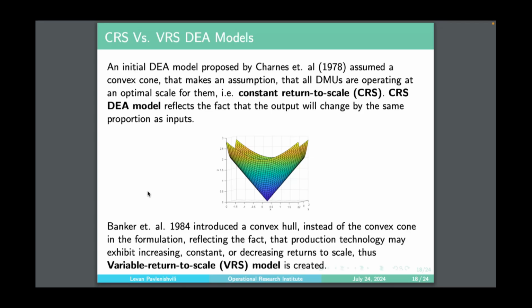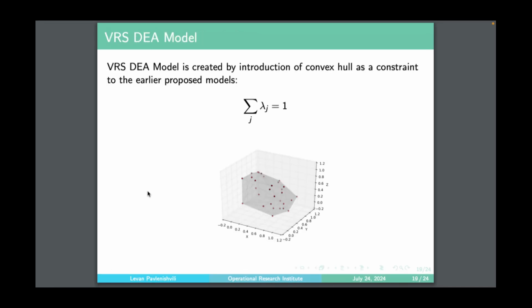It's done in a very simple way. You're just adding this as an additional constraint to the model before. So you just cut the plane and then search only around that plane. That gives you an opportunity to make it a variable return to scale. So you might have different directions of solutions.